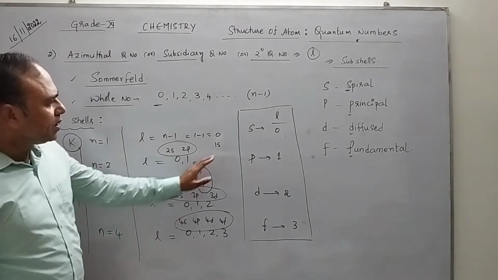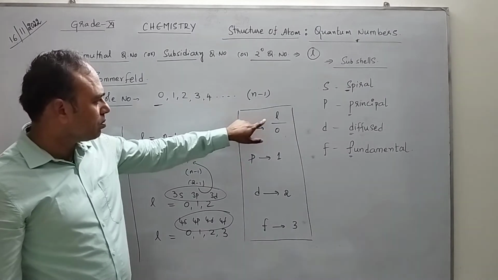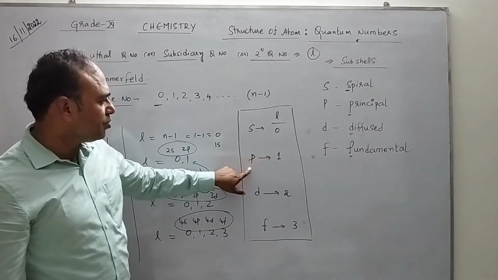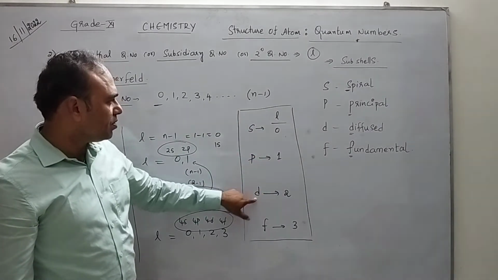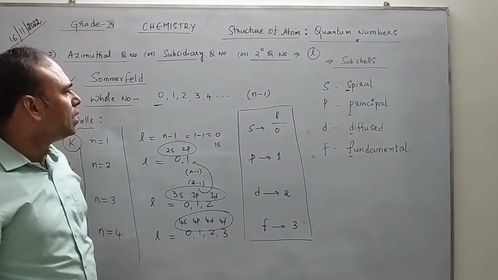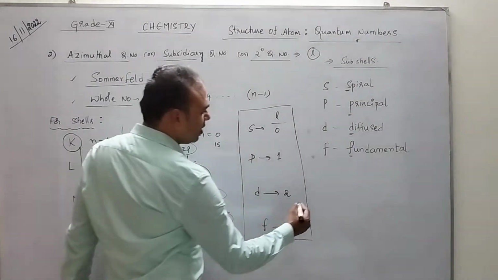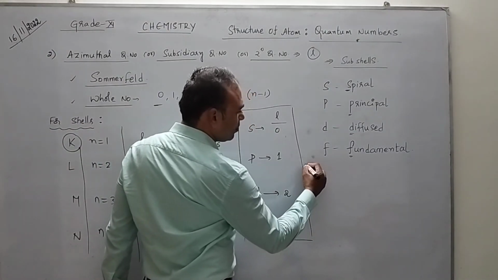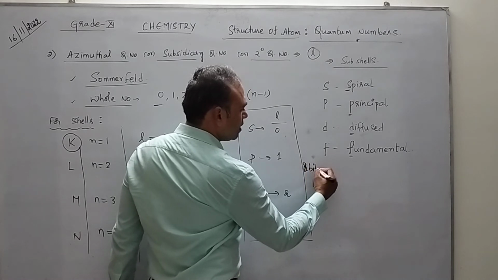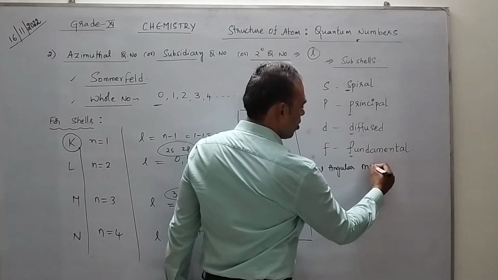Now very important thing, remember this: if L is 0, it is S. If L is 1, P subshell, L is 2, D subshell, and L is 3, it is F subshell. Now let us see, there is one formula to calculate the value of L, that is nothing but orbital angular momentum.